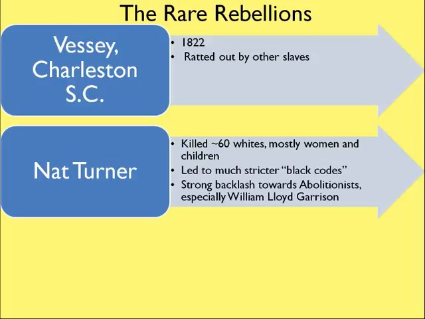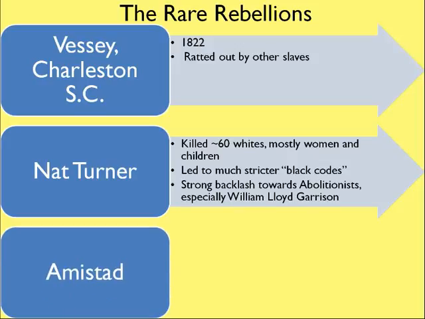They killed 60 whites, mostly women and children, and then tried to make their way to the south, I believe, but they were captured and it was put down, and it led to very strict controls over them, and abolitionists were blamed for stirring up and encouraging these sort of revolts. And there was a very strong reaction against radical abolitionists.